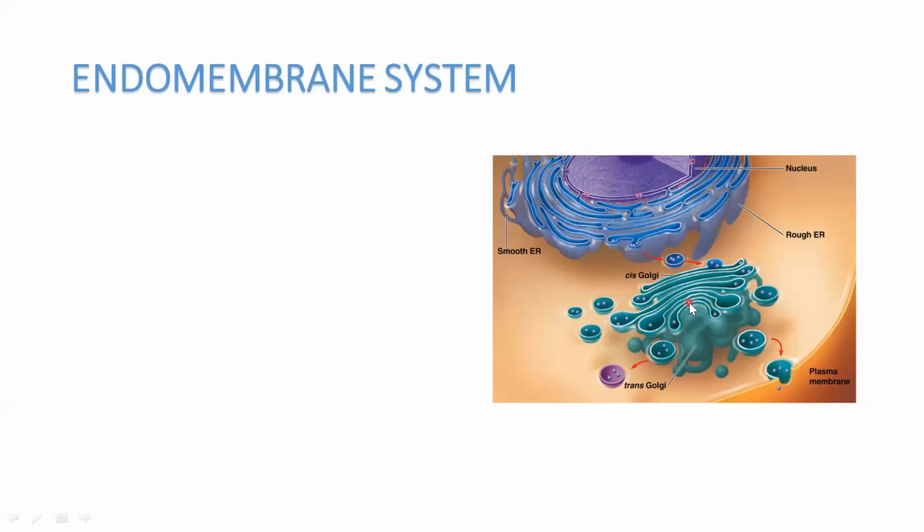When the protein cannot perform its function, it is useless to the cell. So it is sent to the lysosomes, or there are other mechanisms like ubiquitin mediated mechanisms which will break this protein. This is how the endomembrane system works coordinatedly.